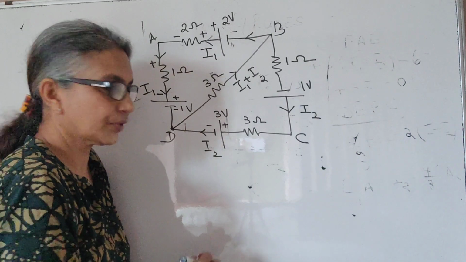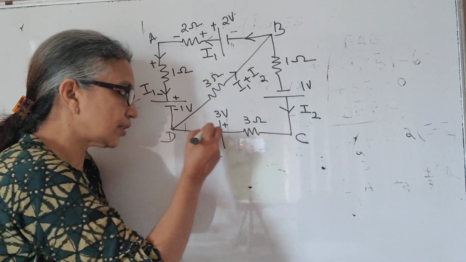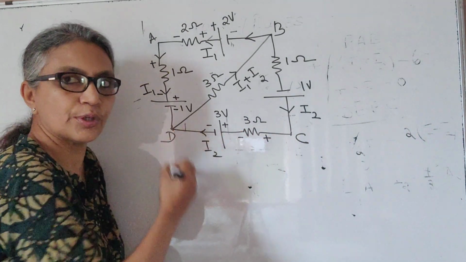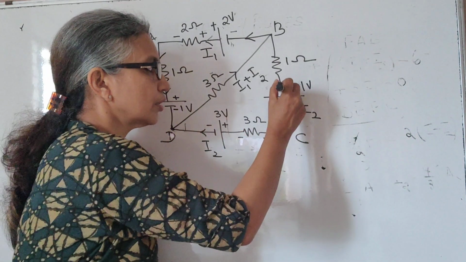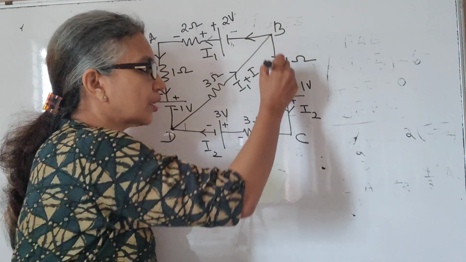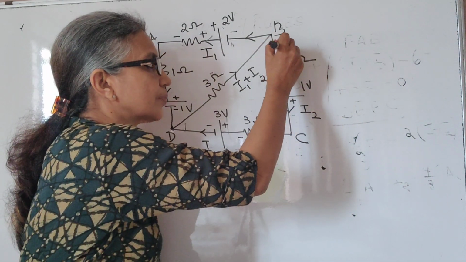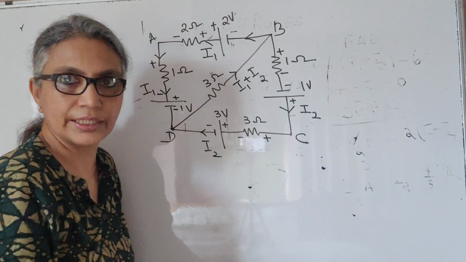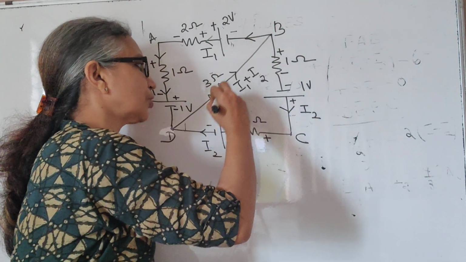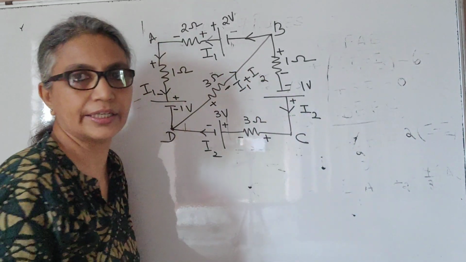Now you see current in this branch is in this direction, so this has to be positive and this has to be negative, because current is flowing from positive to negative. In this branch, your current I2 is in this direction, so this must be positive and this must be negative. In this branch your current is in this direction, so this end is positive and I'll mark this end as negative.